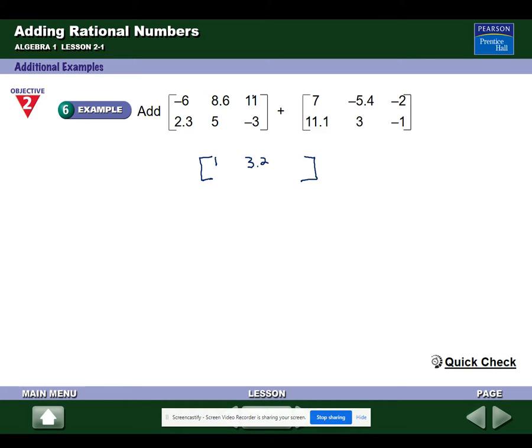I didn't practice this ahead of time. 11 plus negative 2 would be 9. 2.3 plus 11.1, that's going to be 13.4. 5 plus 3 is 8. And negative 3 plus negative 1, again, be a little careful with the negative there. Just slow down a little bit as you deal with that. Negative 3 plus negative 1 would be negative 4. And that's it. Thanks for tuning in.